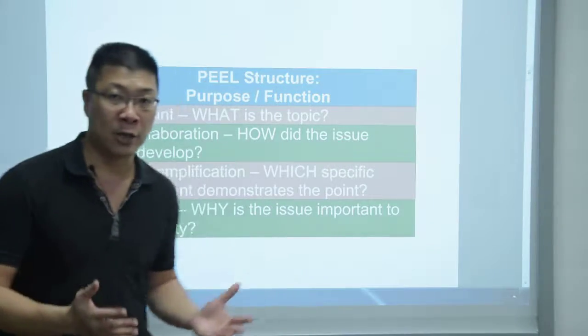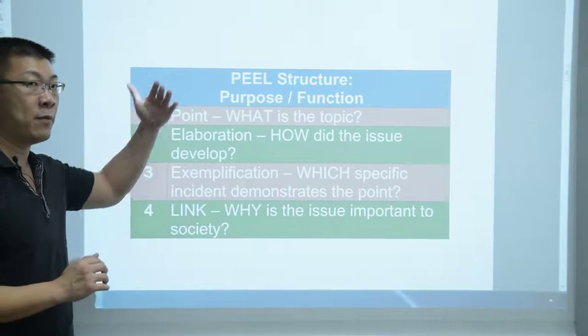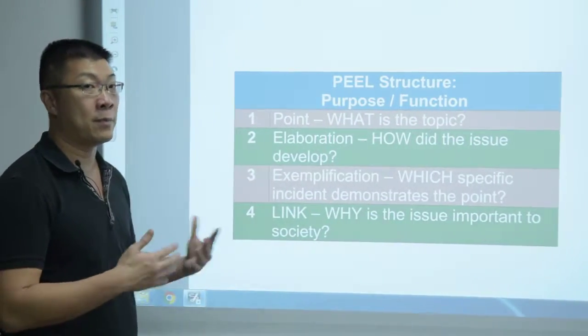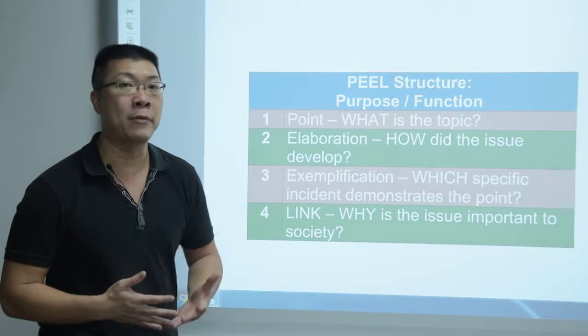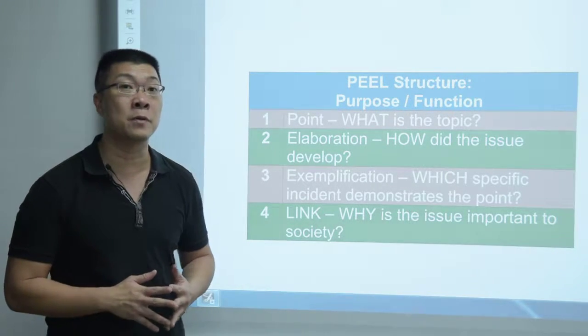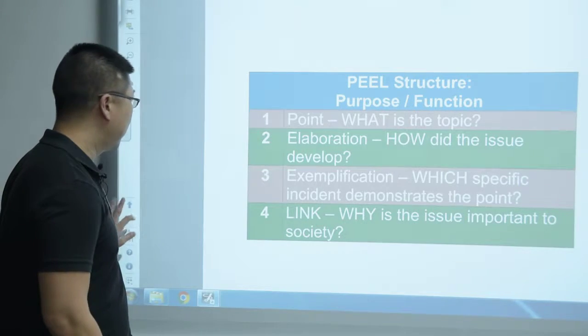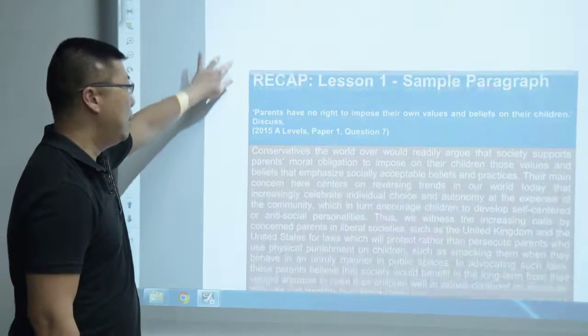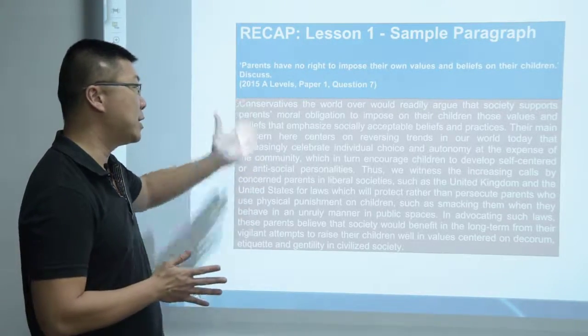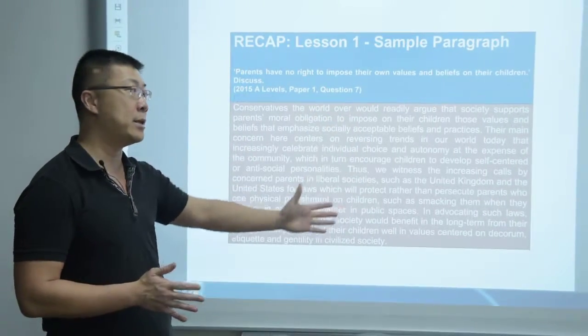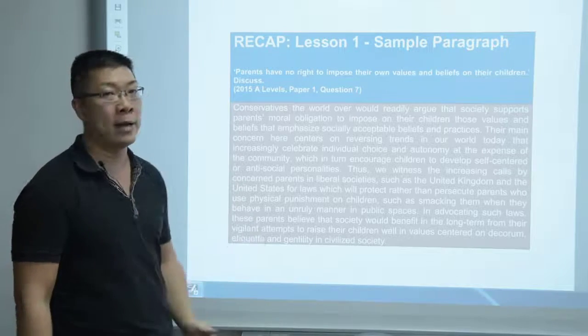But for today's discussion, what we are looking into is to have a broad overview, and this will be done with some reference to one of your body paragraphs from your sample essay, the one on parents and the imposition of beliefs and values on their children. Right, so to recap, this would actually be the paragraph that we're looking at. And you notice that the paragraph looks as it is at this point in time, fairly plain and without any embellishments.